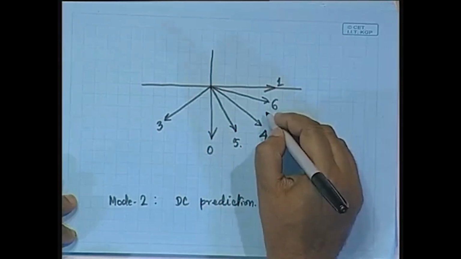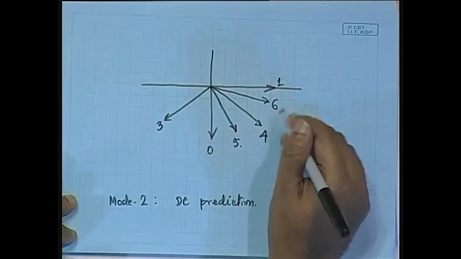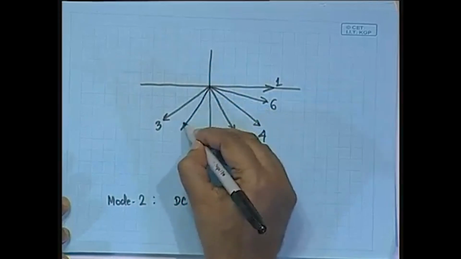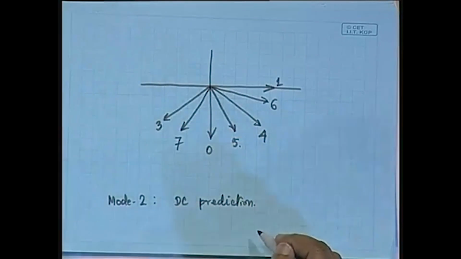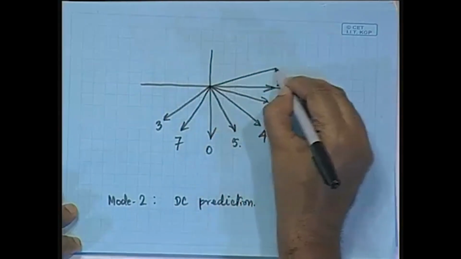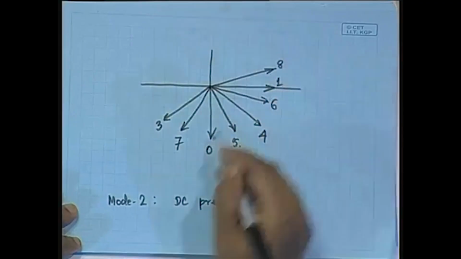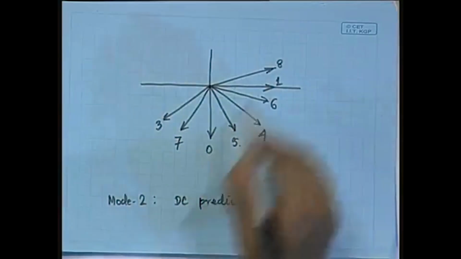All these are 22.5 degrees apart. Direction 7 is in between 0 and 3, and direction 8 is this one, 22.5 degrees above this. So, totally there are different directions, 0 to 8.